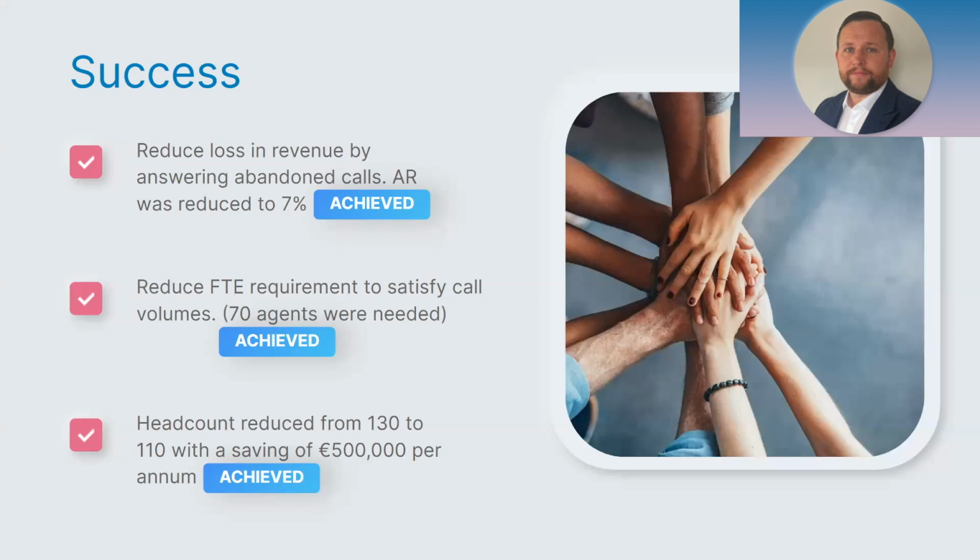And with reducing the full-time equivalent requirements, we were able to reduce the headcount from 130 agents to 110 agents, which was a saving of just over €500,000 per year in payroll.